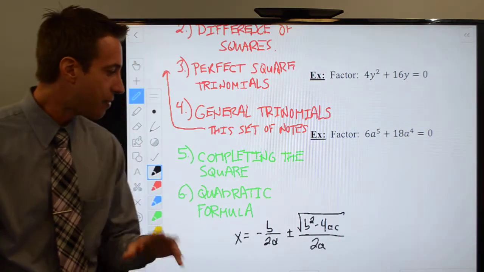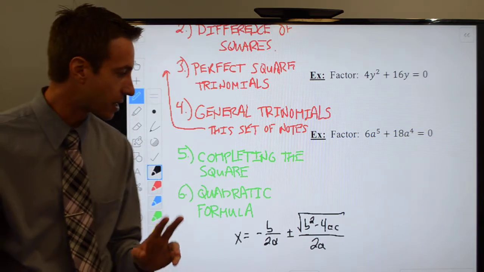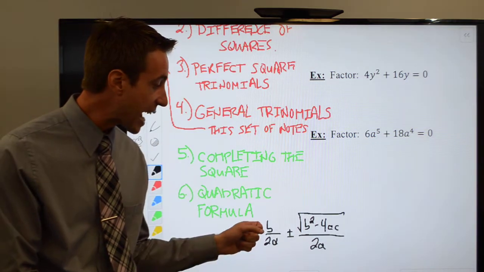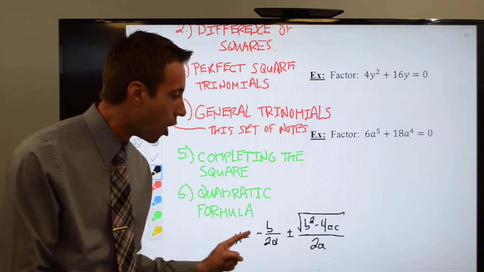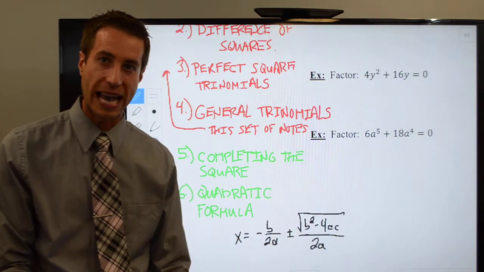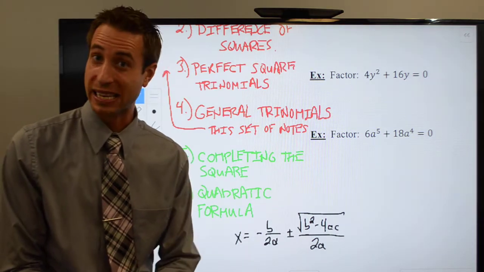And again, this may look slightly different than what you guys have seen in the past. You may have seen it written as negative b plus or minus the square root of b squared minus 4ac, all divided by 2a. I actually don't care for the quadratic formula being written in that form.